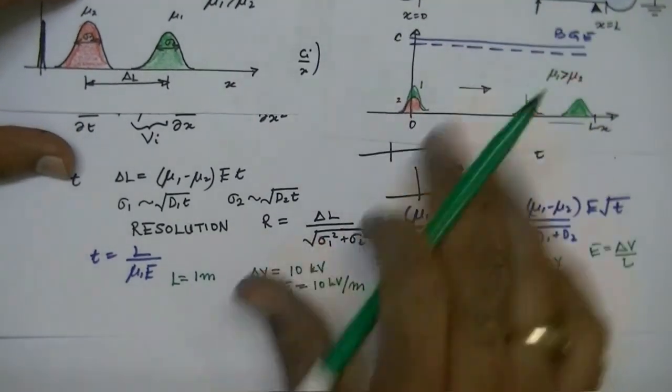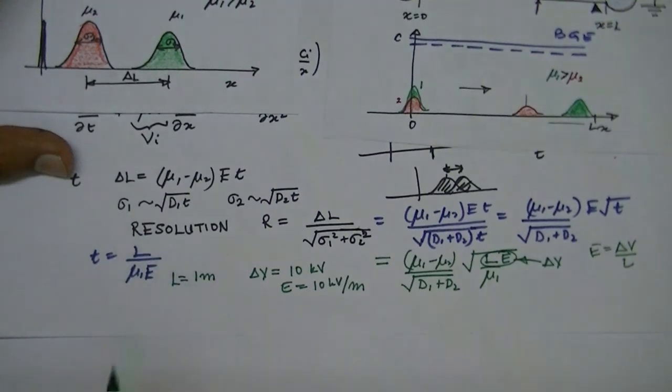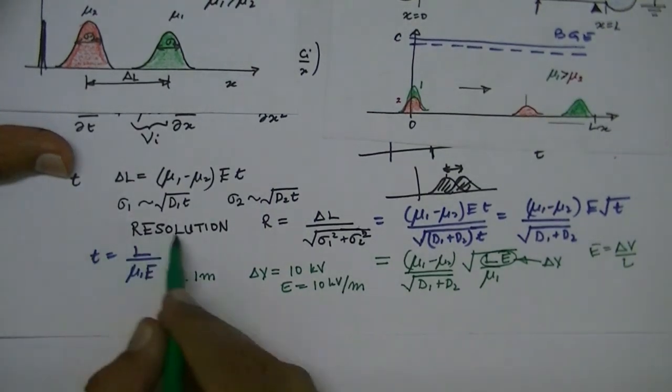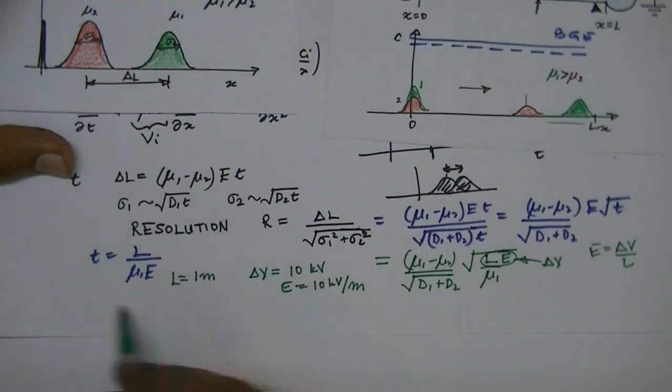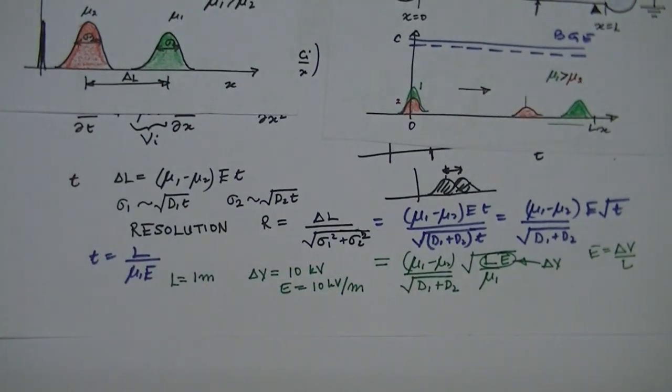And one thing is clear: if you reduce the length of the channel, you can do the analysis at a faster speed. That is one of the advantages that you get by miniaturizing this electrophoretic system.